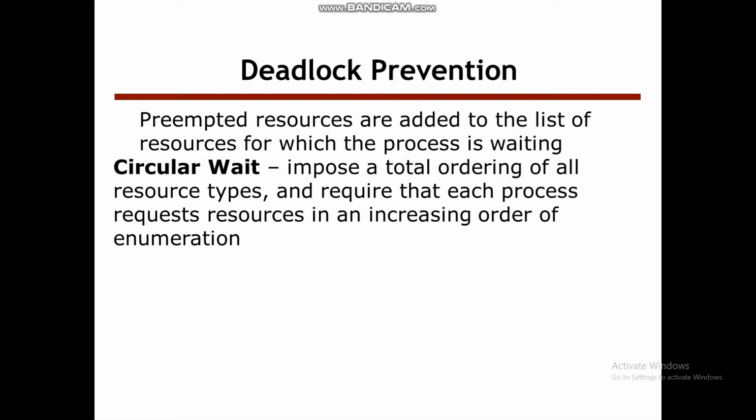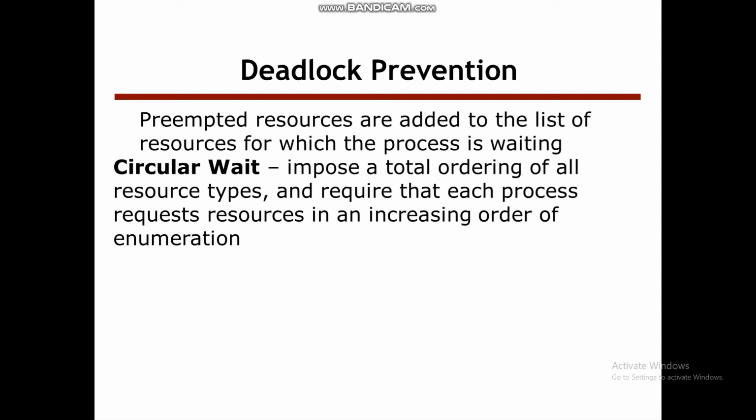Now we are going for the last condition, preventing a circular wait. What we are going to do here is to impose a total ordering of all the resource types and require that each process requests resources in an increasing order of enumeration.